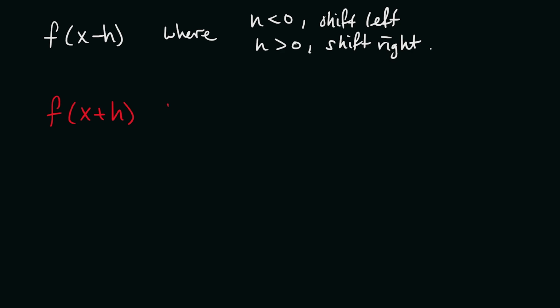Here it gets a little bit tricky, because just changing one of the symbols is going to change whatever boundaries you have. So in this case, when h is less than 0, it's shift right, and if h is greater than 0, then it's shift left.